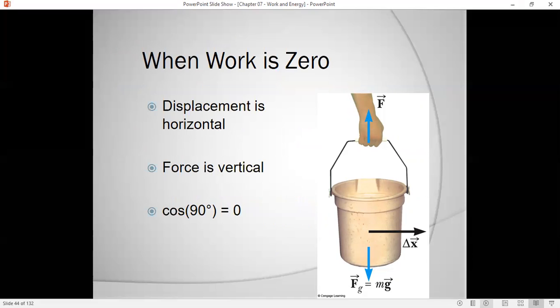Think about carrying a heavy bucket of something. If I carry it across the room, I'm definitely going to expend energy to carry it. But it doesn't mean that that energy was expended creating work. My muscles need the chemical energy to keep firing and to keep applying tension in my skeletal muscular system to carry that.